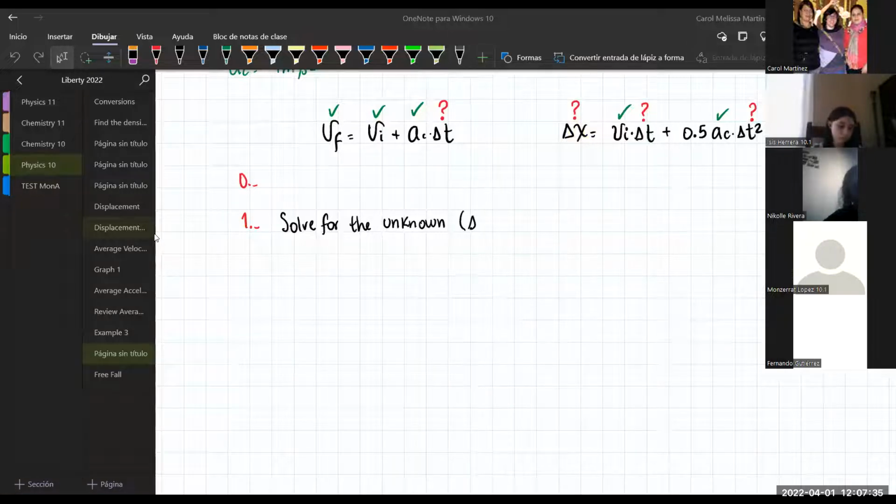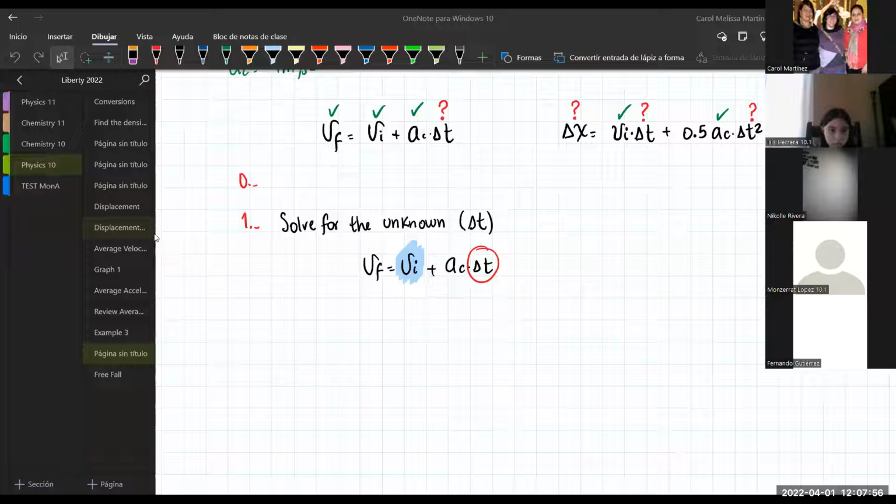So I have my main equation as final velocity equals initial velocity plus acceleration times time. And I will isolate for the time. First, I'm going to move this term to the other side. What is initial velocity doing over here? Is it adding, subtracting, multiplying, or dividing?